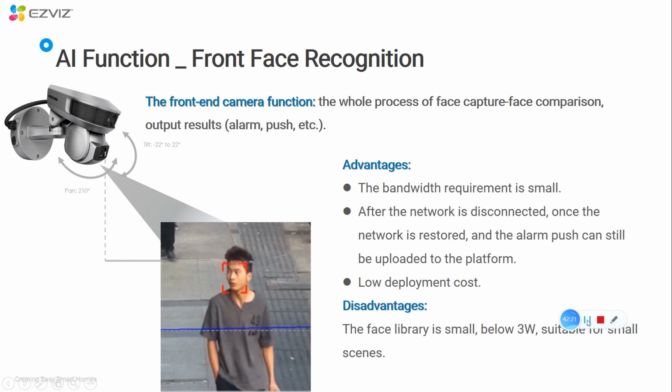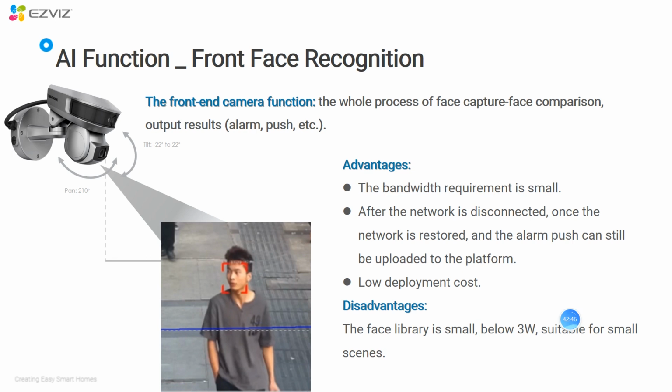The front-end camera performs the whole process of face capture, face comparison, and output of results, such as alarm and push. This function has advantages and disadvantages. The advantage is that the bandwidth requirement is small.